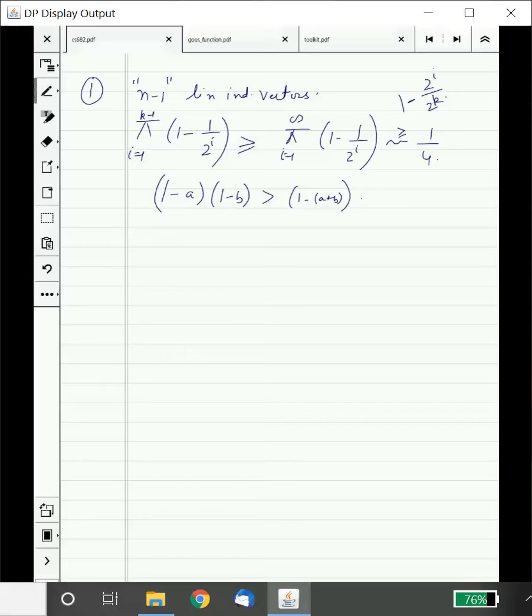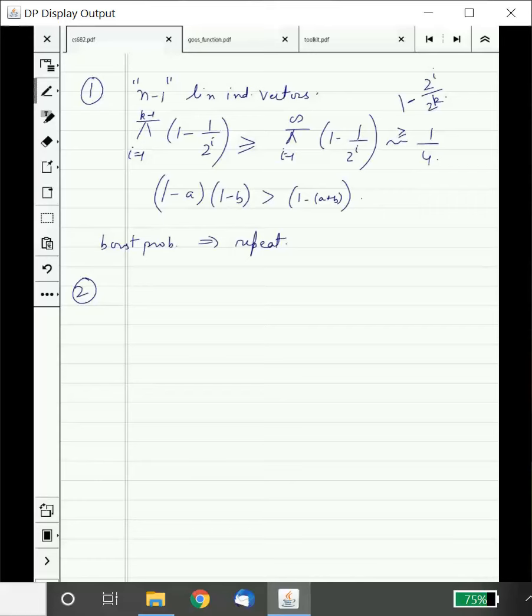And now to boost probability, you know this trick, repeat. If you even repeat it constant many times, with very high probability you will get n minus 1 linearly independent vectors. Let us look at another way to show that we have enough probability of getting n minus 1 linearly independent vectors.